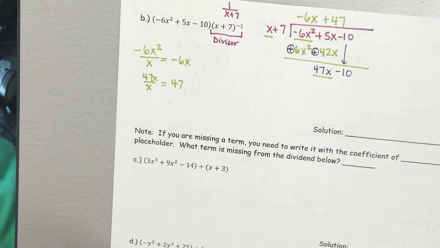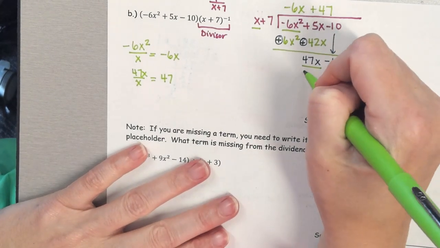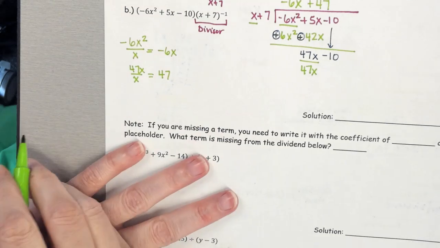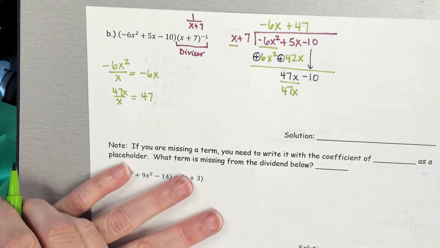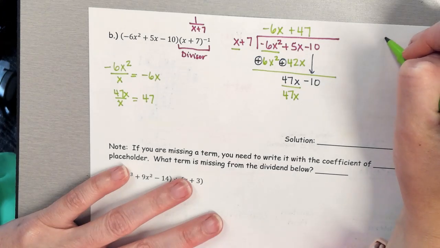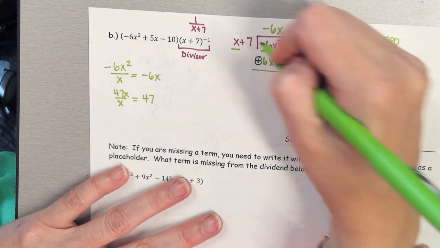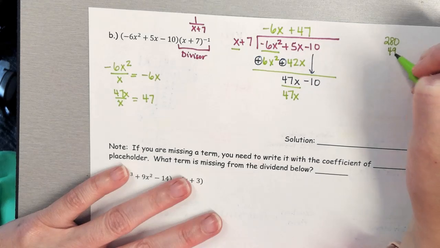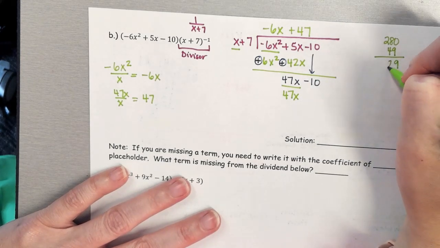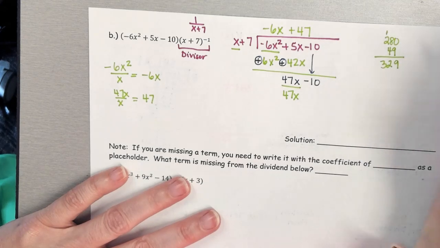Okay, and then when you're multiplying, this will be a no calculator section, so let's practice that. If you're doing 47 times 7, I think the easiest thing to do is 40 times 7, which is 280, and then 7 times 7, which is 49. 12, carry the 1.